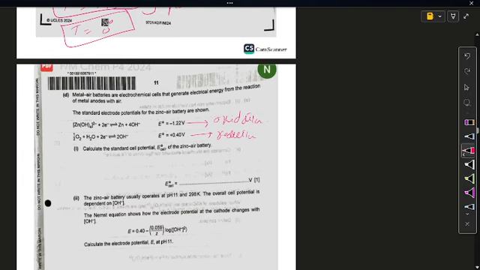So you can write the E cell value: 0.40 minus negative 1.22. The negative is because of oxidation, and the other negative is because of the formula. So that becomes 1.62.